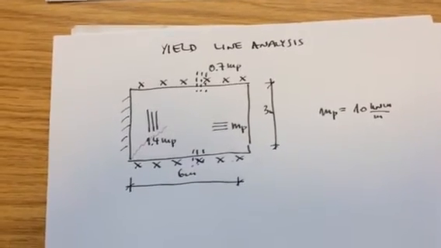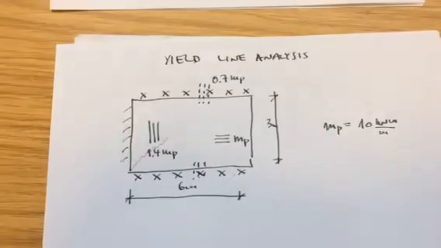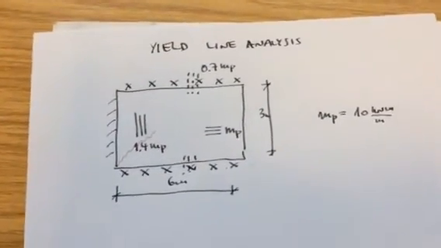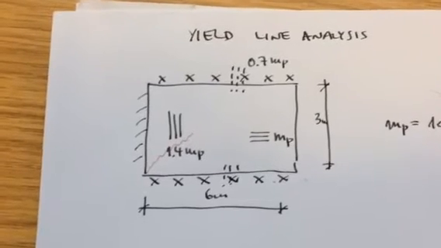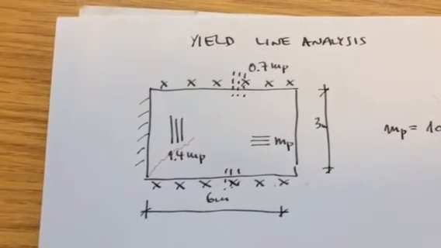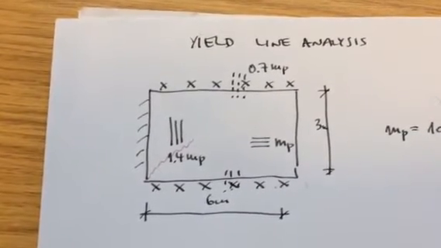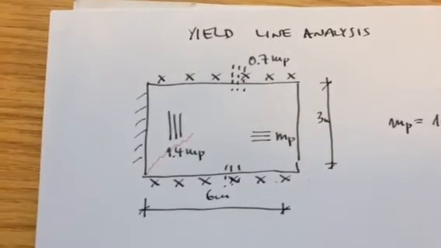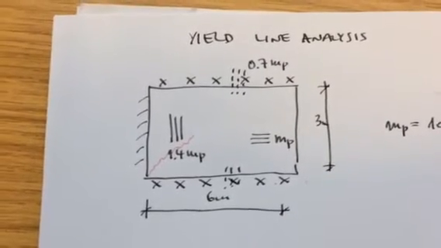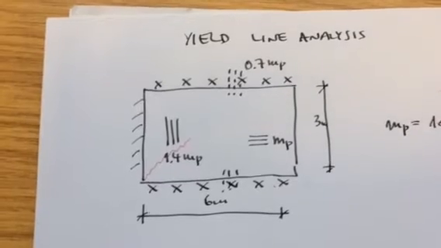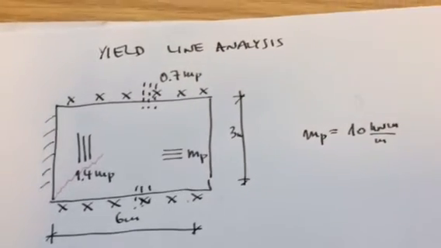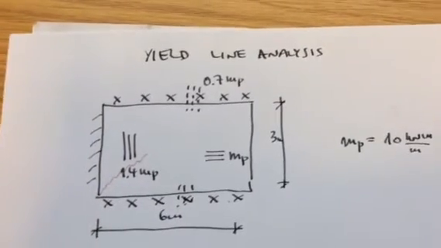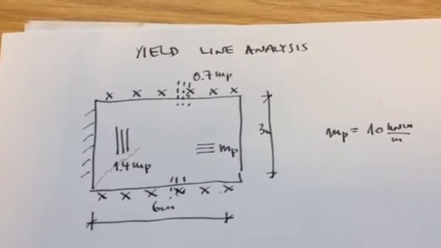Here is the video of the yield line analysis example. The rectangular slab shown is 6 by 3 meters, and the reinforcement in the longer direction has the moment of resistance MP, and in the shorter direction 1.4 MP, where MP is 10 kilonewton meters per meter.